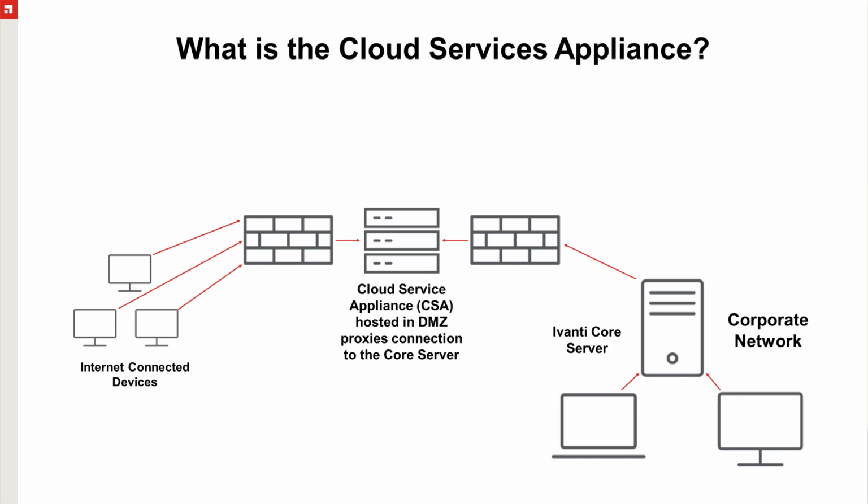It receives connections, and that's an important distinction. Never will you need to configure any access from the DMZ to the core server. The core server will be configured to communicate with the Cloud Service Appliance, and it will make a connection to the appliance, and it's not vice versa. So it's an important distinction.